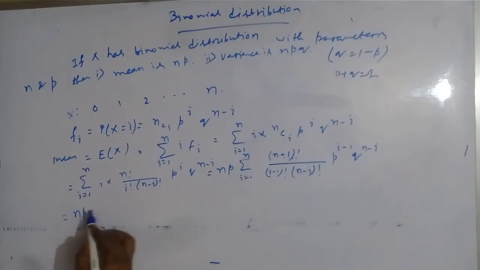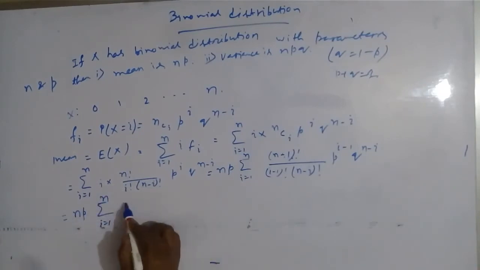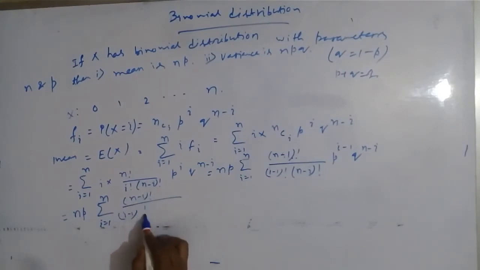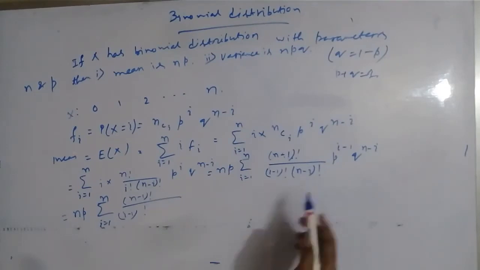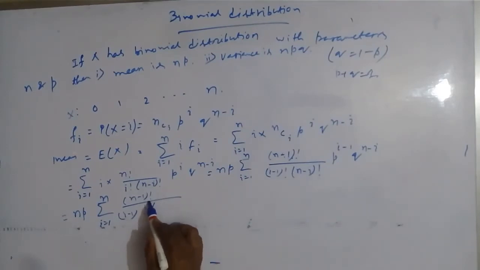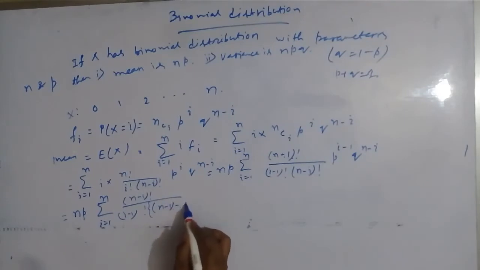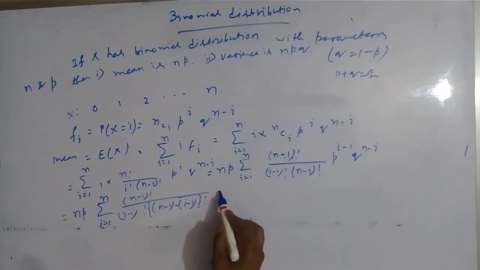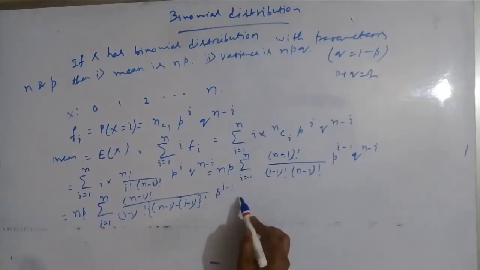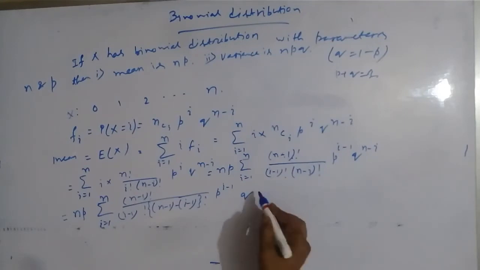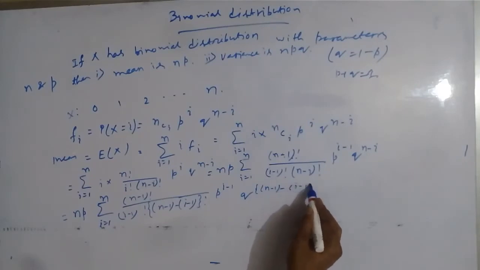Now, summation i equal to 1 to n of n minus 1 factorial by i minus 1 factorial. Now I am writing this n minus i as n minus 1 minus (i minus 1) factorial, and this is p to the power i minus 1, and this n minus i I am also writing as n minus 1 minus (i minus 1).